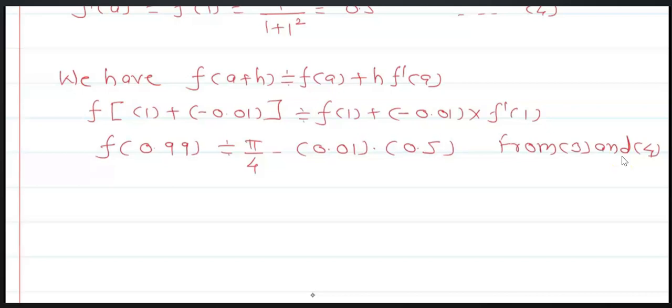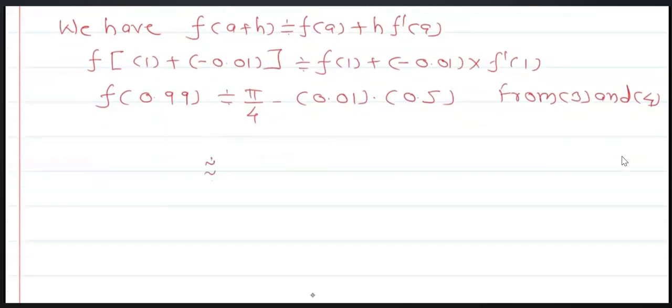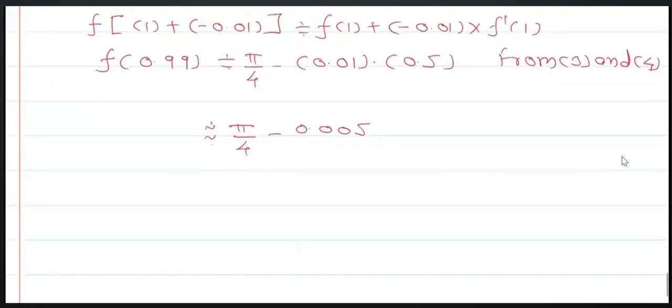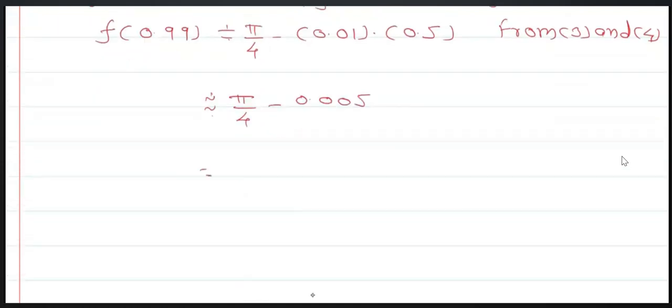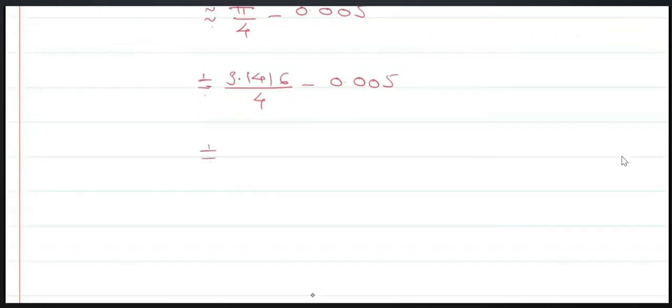That's why from 3 and 4 you will get the value. This is pi by 4 minus 0.05. And if you substitute the value, that is 3.14 upon 4 minus 0.05, then you will get the answer.